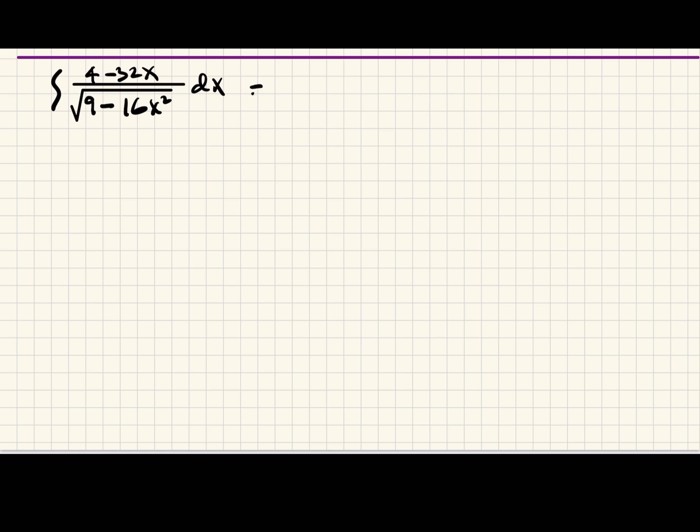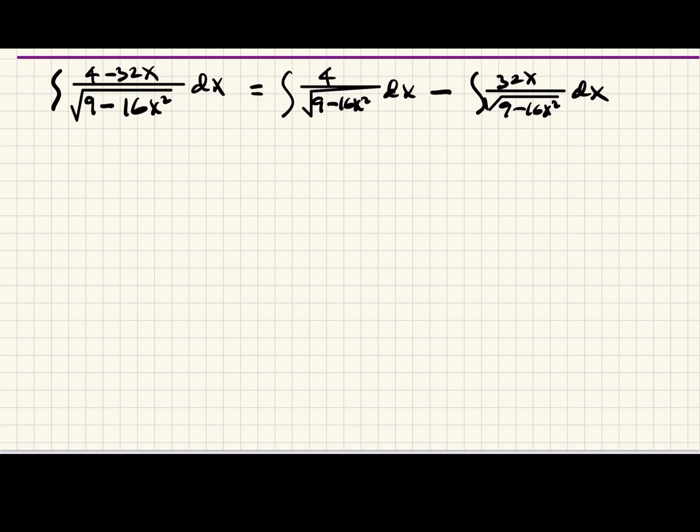So let's try that. So I'd have the integral of 4 over the square root of 9 minus 16x squared dx, minus the integral of 32x over the square root of 9 minus 16x squared dx.